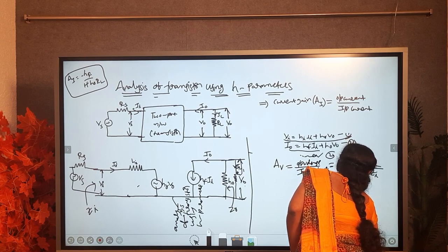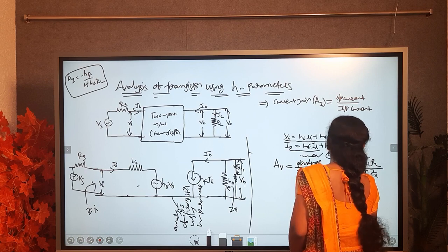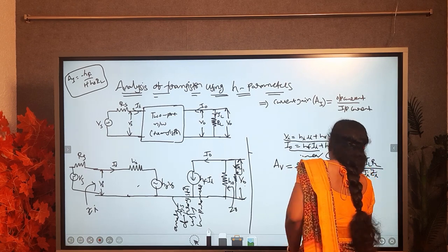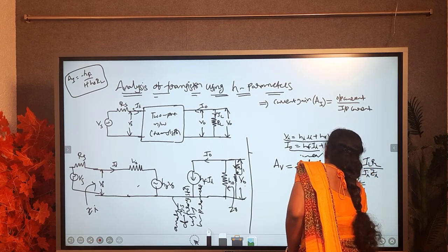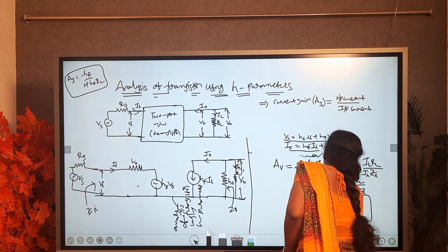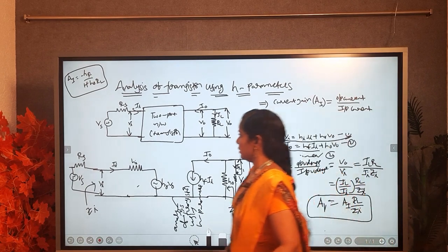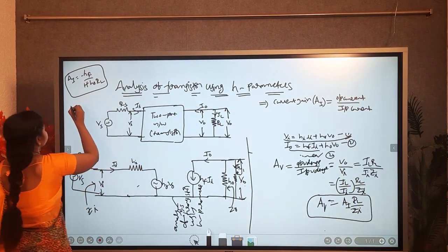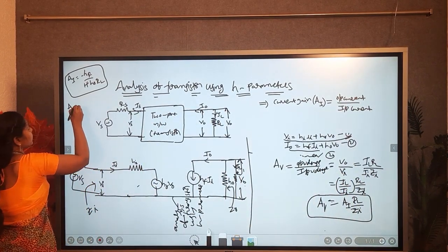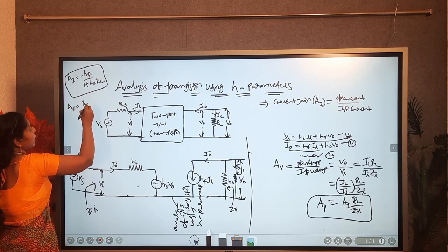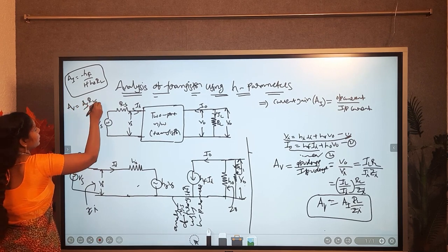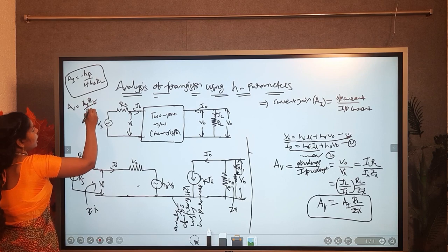AI into RL by ZI or AI into RL by RI. Therefore, A suffix V equals AI into RL by ZI or RI. I can write it.